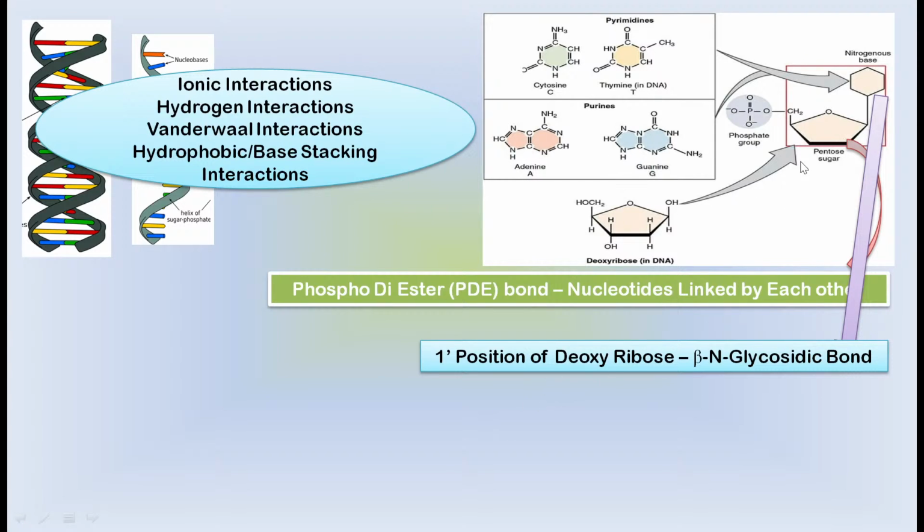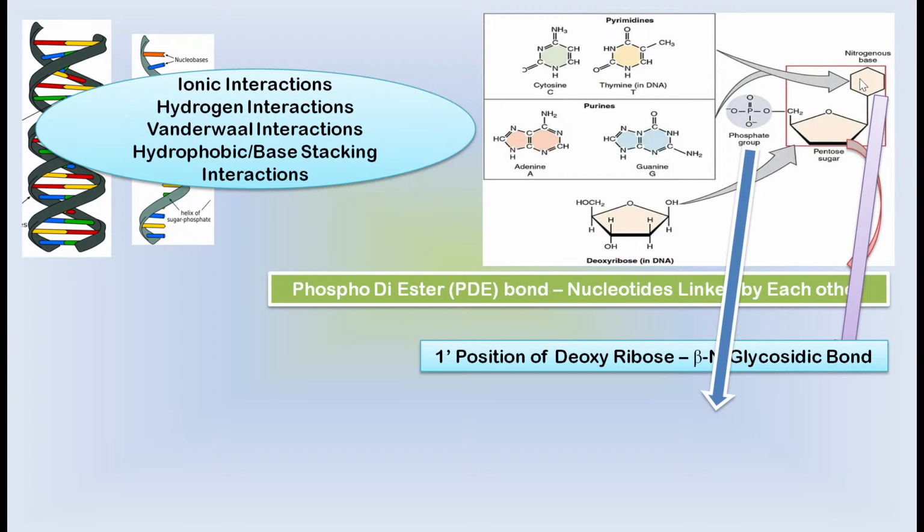So in case of purines, it is the C1 beta N9 glycosidic bond. In case of pyrimidines, the first position of the nitrogen base is linked with the carbon of the pentose sugar, whereas in case of purines, the 9th position is linked with the sugar.